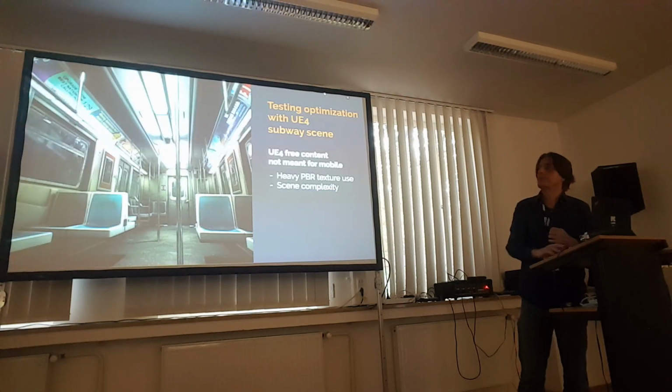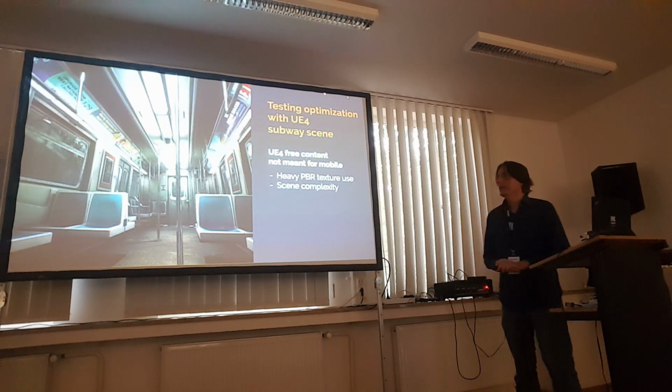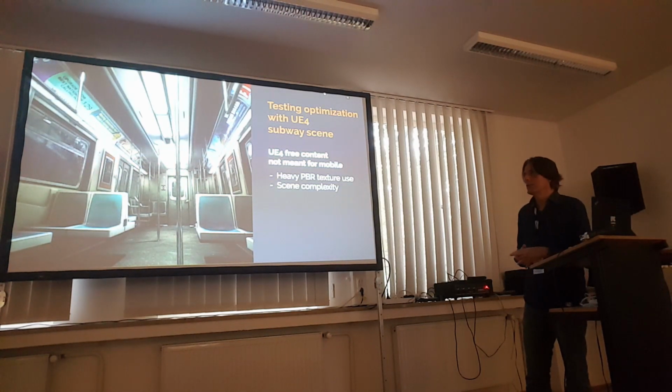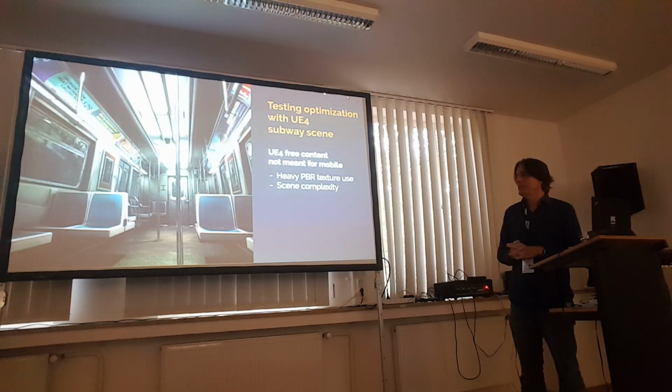Another thing that I sometimes do is test your optimization skills with content that's not meant for mobile. For example, in the Unreal Marketplace, there is free content to download, the subway scene, and that's a scene that's not meant for mobile.